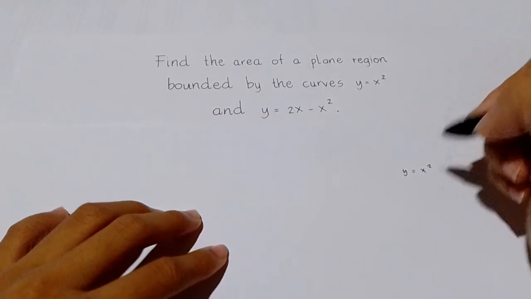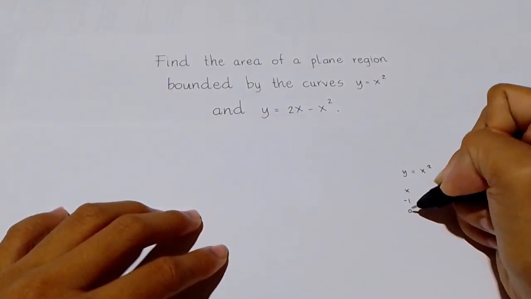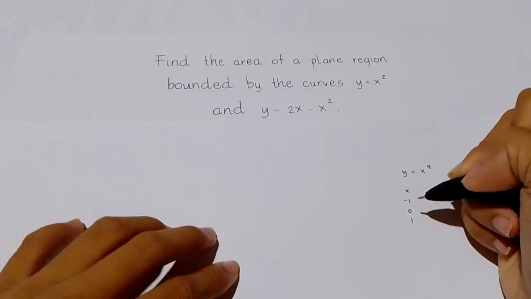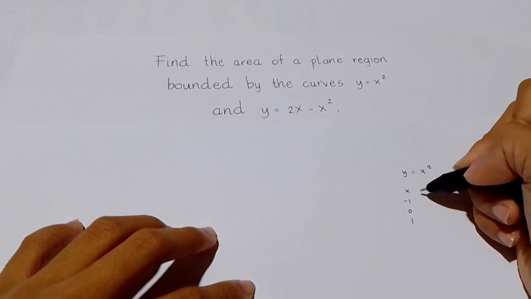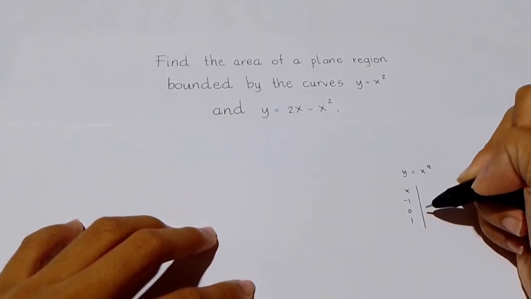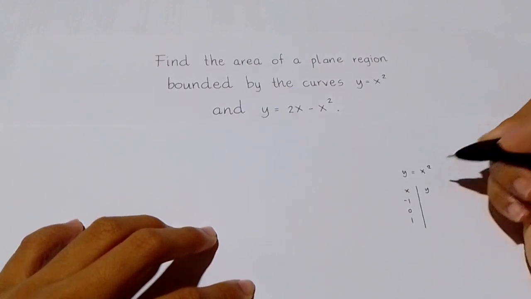Suppose that we have -1, 0, 1 as the values of our x, and from these values let's find the corresponding y values.